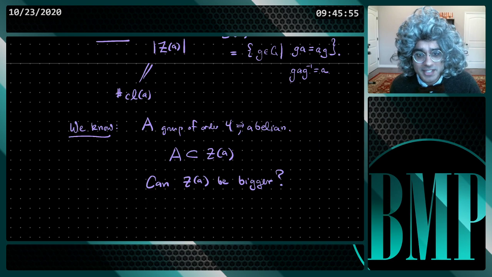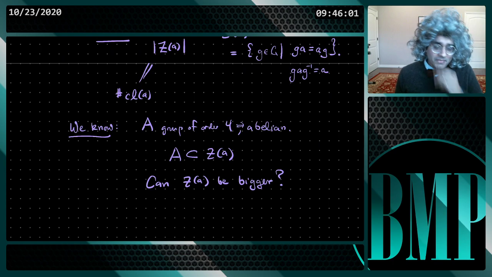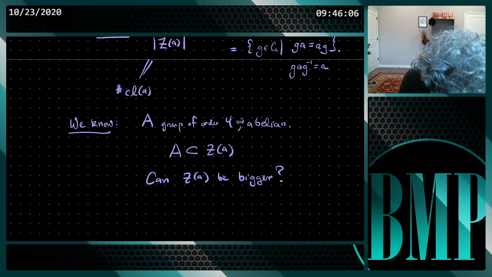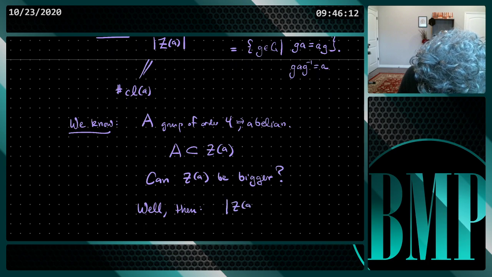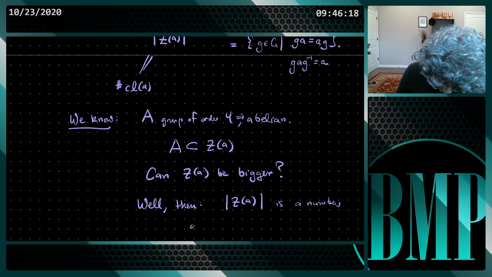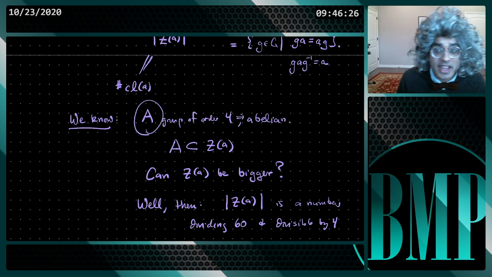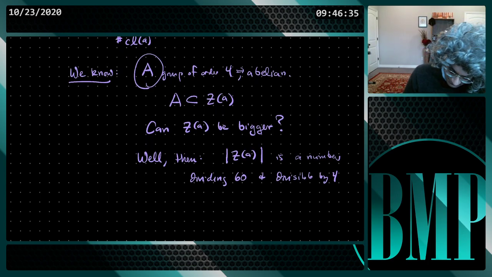Let's think about that. What are the possible sizes of a bigger subgroup? Then the size of the centralizer is a number dividing 60 and divisible by 4, the size of A. If you think about that, there aren't that many possibilities.